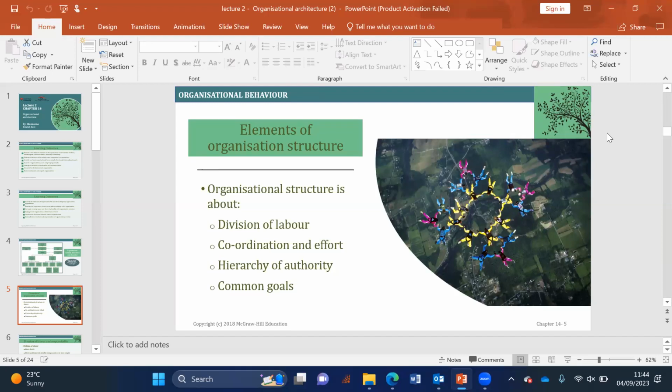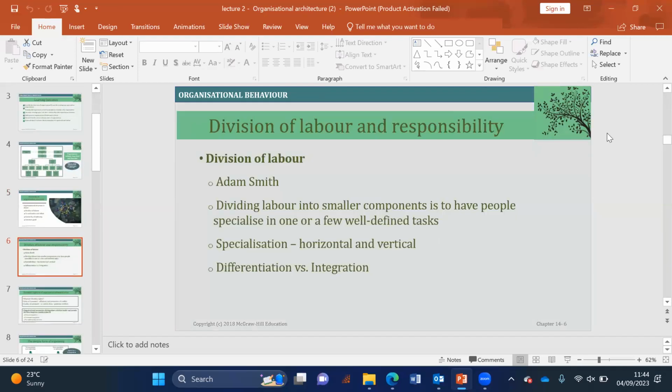Division of labor is dividing labor into smaller components, and for example, people could be specialized for one task. Specialization could be horizontal or vertical. Specialization means you being really good at something. So let's consider an example of a factory.